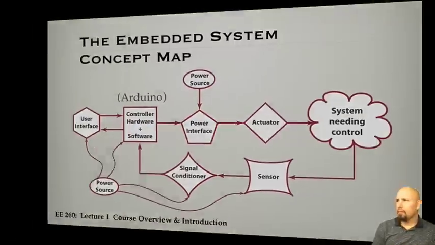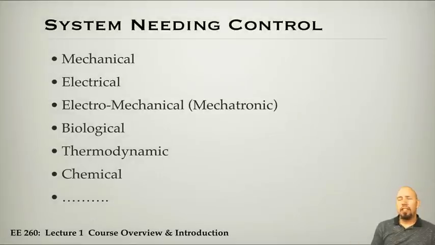So what does the system need in control? Well, it can be a variety of things. It can be a mechanical system, an electrical system, or an electromechanical system, a combination of the two. Often when we have a system that involves both electrical and mechanical, it's referred to as a mechatronic system.